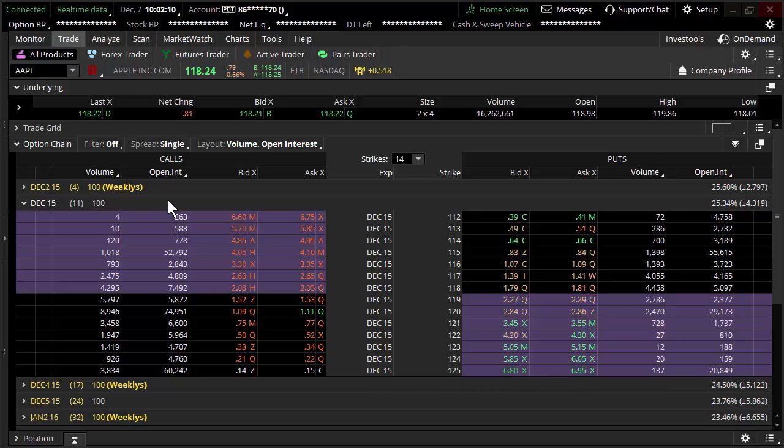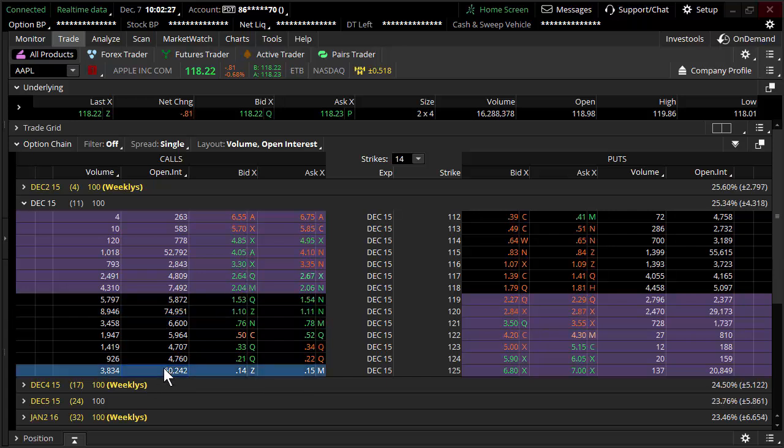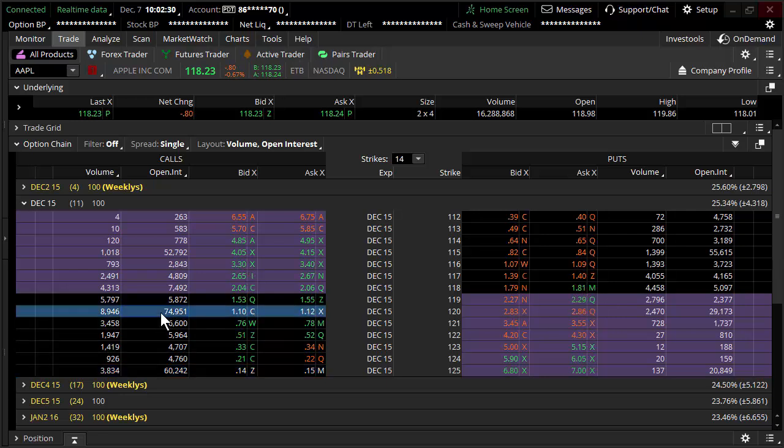Now, to get one of the myths out of the way, a lot of people look at open interest and they immediately say, heavy open interest. Oh, the stock has got to go to the 120 strike, or the stock has got to go to the 125 strike, because there's big open interest. Okay, there is more myth to that than there is reality.